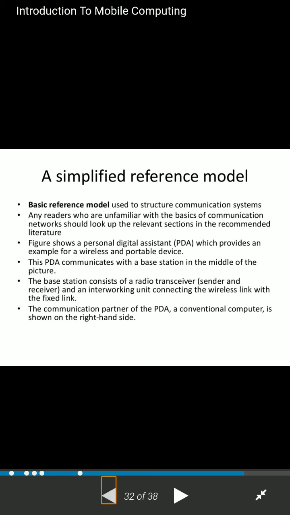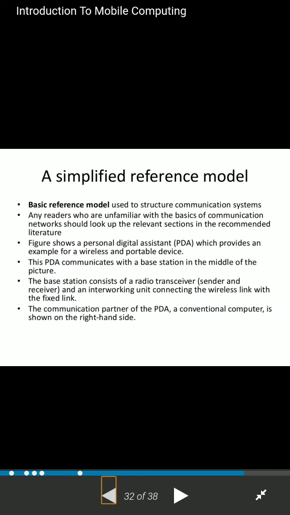The base station consists of a radio transceiver, sender and receiver, and an interworking unit connecting the wireless link with the physical fixed link. The communication partner of the PDA, a conventional computer, is shown on the right hand side.